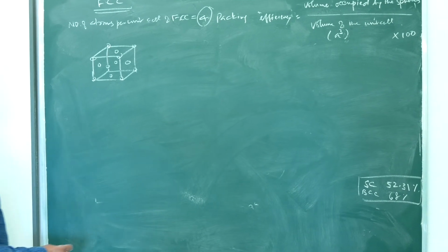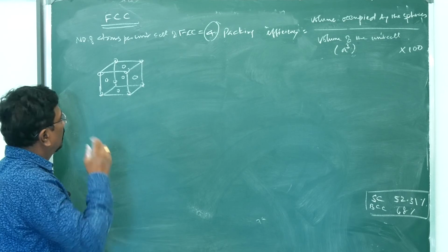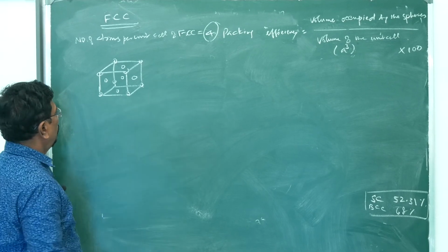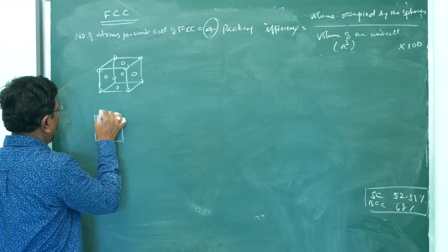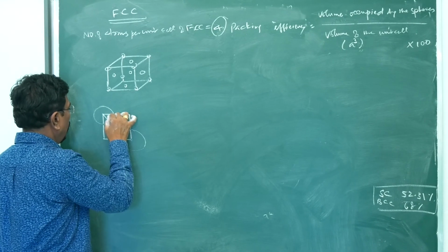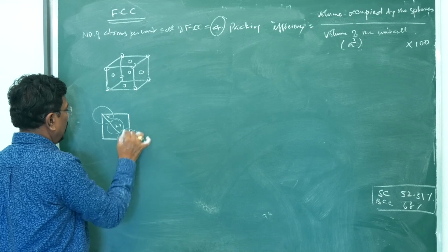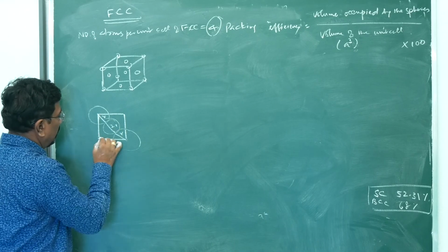So, in the case of FCC, total number of atoms 4 and atoms are touching like this. 1, 2, 3. This is how it is: 1r, 2r, 1r, totally 4r. We have to calculate this length.